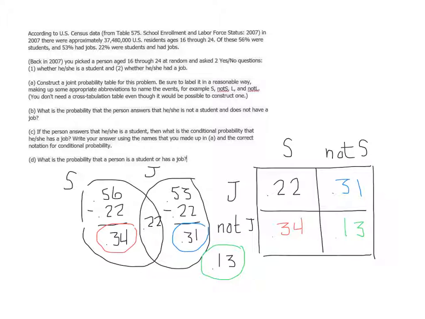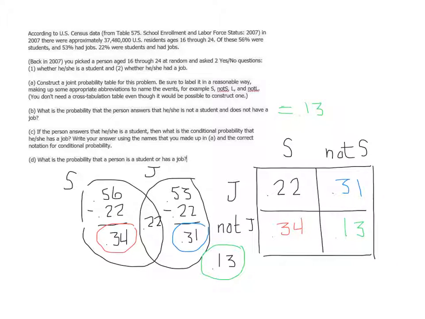It's the number in the table in the row labeled not J and in the column labeled not S. And it's the number in the Venn diagram that is in neither one of the circles. So this probability here is our answer to B.